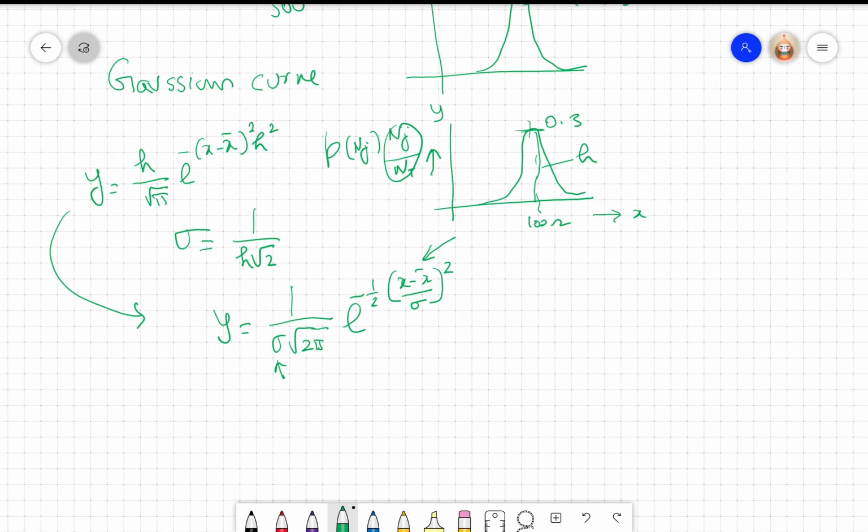For example, if you look at this curve, even when x is equal to 0, this still has some probability. It will be e power minus half x bar square by sigma square. That will be a small value, but it will be there. So it simply tells that I am going to have a curve like this.